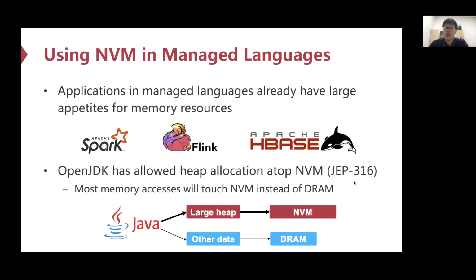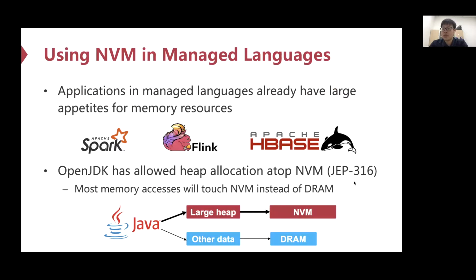This usage is welcomed by managed languages, especially for applications that already have large appetites for memory resources, just like Spark, Flink, and HBase. For example, Spark can cache its data structure RDD in memory. To support this usage, the OpenJDK community has allowed heap allocation directly atop NVM.